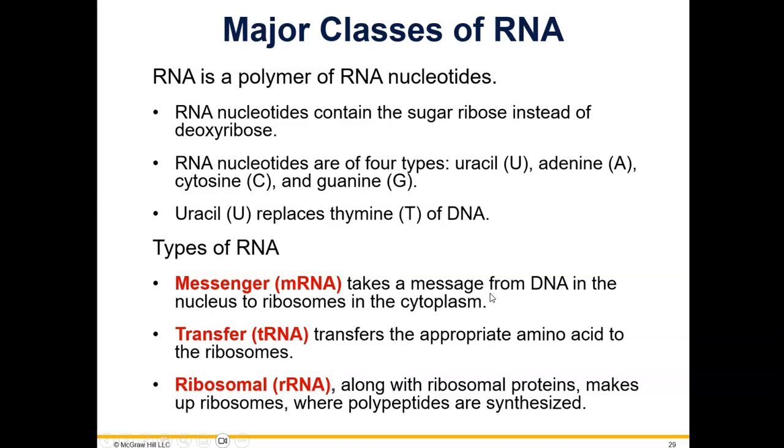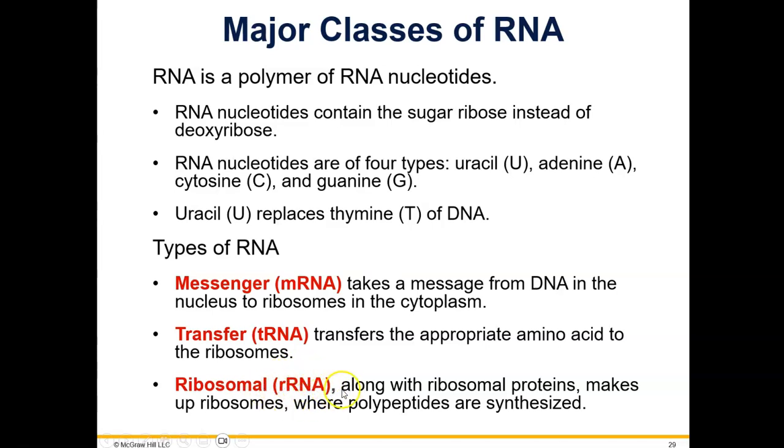Now, in the process of protein synthesis, there are 3 types of RNA, and we talked about messenger RNA, which takes the message from DNA in the nucleus to the ribosomes in the cytoplasm. But there are 2 other RNAs. There's ribosomal RNA, or rRNA, which forms the ribosomes.